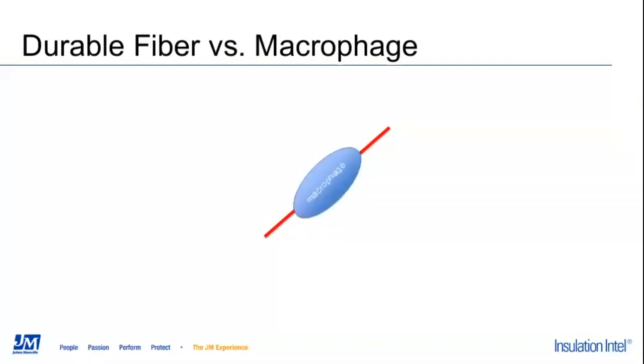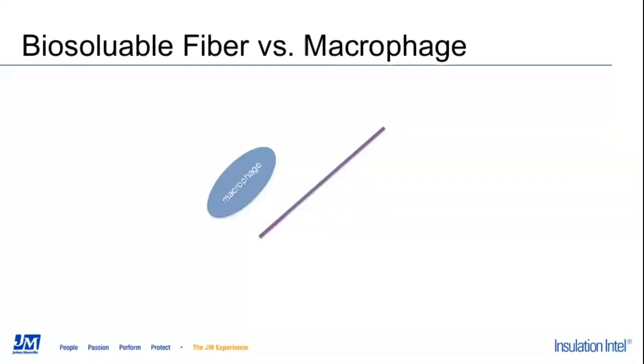The problem is these fibers are longer than the macrophage is wide. And in the process, the macrophage actually dies, and then low pH enzymes are released. The low pH enzymes, along with the fiber, cause inflammation, which causes cell proliferation, which can cause tumors and fibrosis.